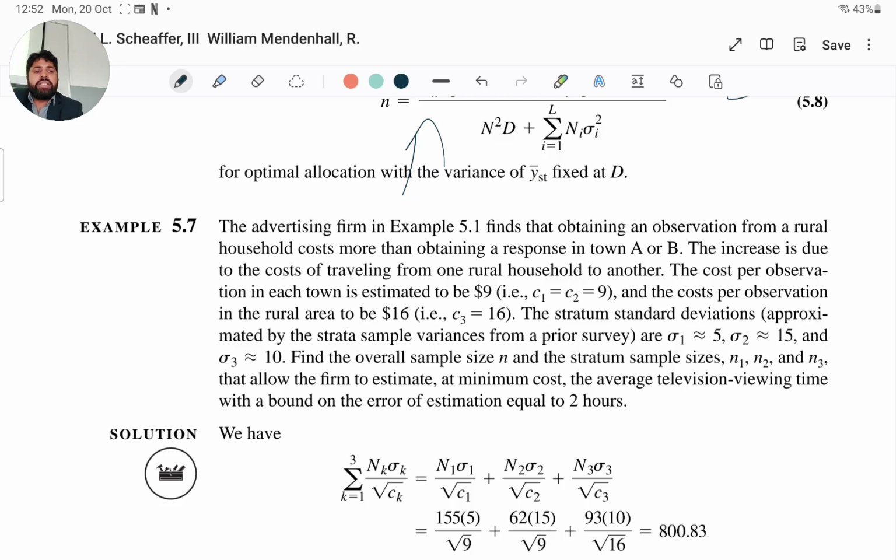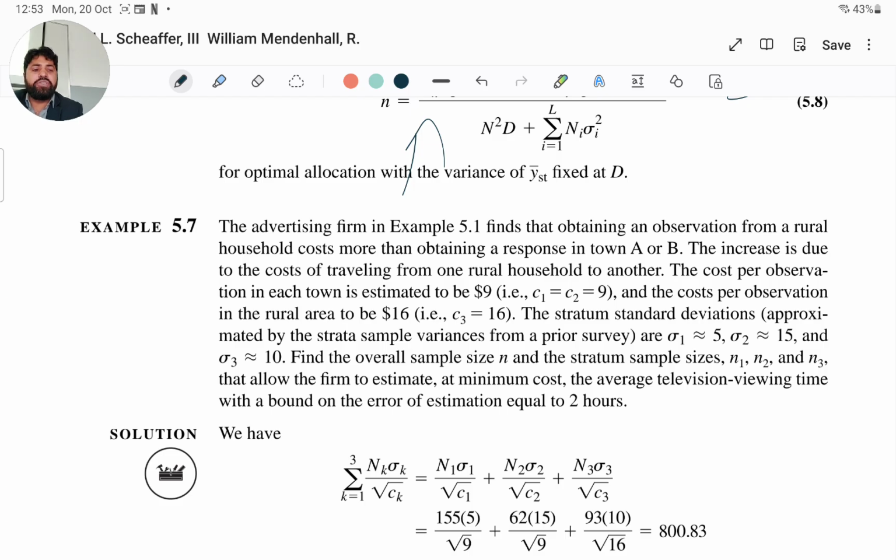So the increase is due to the cost of traveling from one rural household to another. The cost per observation in each town is estimated to be $9. For town A and town B the cost is the same, $9, and the cost per observation in the rural area is $16.